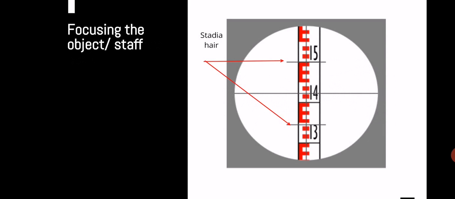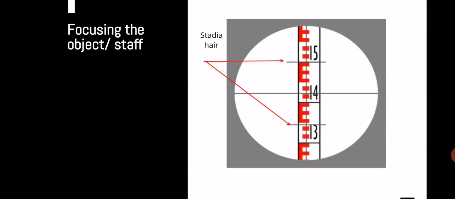After that, we have to do the focusing of the object. As we can see in the picture that the crosshairs are visible, which is done with the help of the screw fitted on the eyepiece.